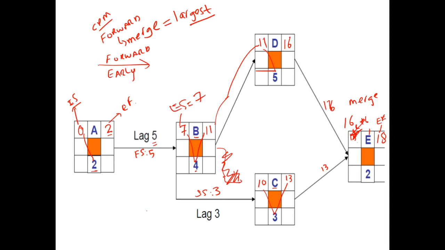That's well and good. Now we have to reverse this project, and we will be doing a backward pass, which will tell us basically what is the latest time we could begin work on our activity. So basically it reverses.